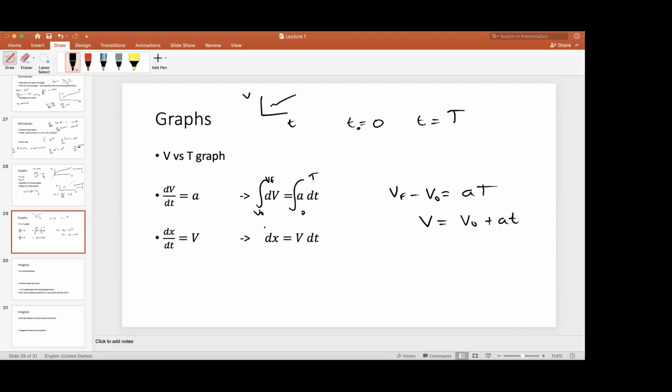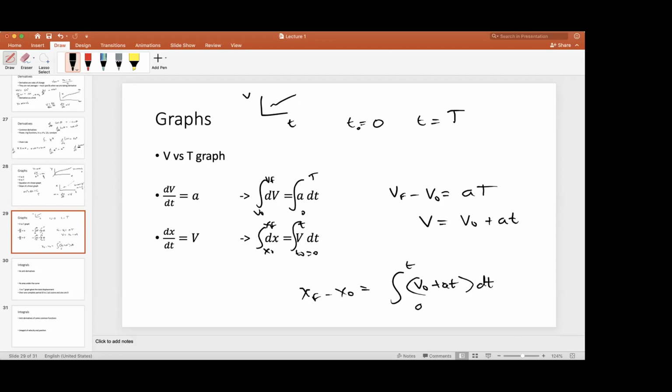Now, if I do the same thing here, x initial, x final, t initial to t final, where little t will be my t final, and t initial will be 0, I get x final minus x initial, and I have to integrate v initial plus at times dt from 0 to t.